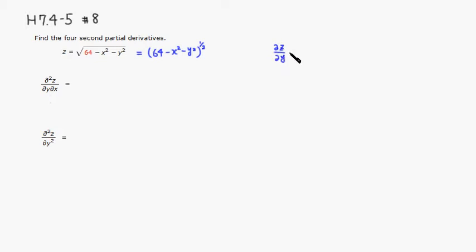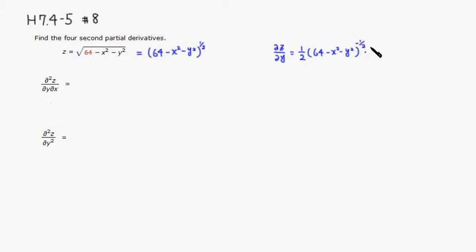Alright, so this is going to be, right, general power rule, so 1/2 is in front. Keep the same quantity, which is 64 minus x squared minus y squared. Then subtract 1 from the power, so it's negative 1/2 power.